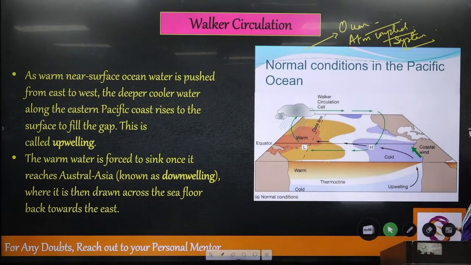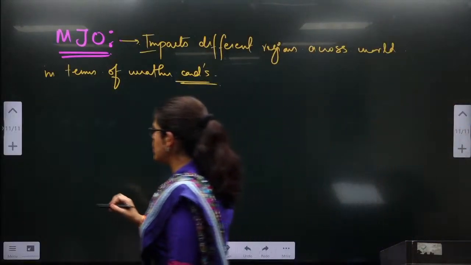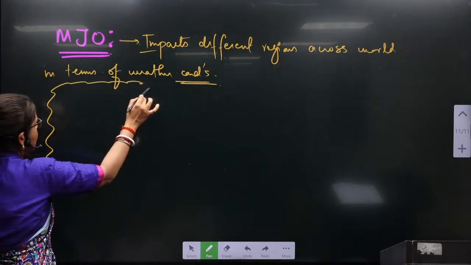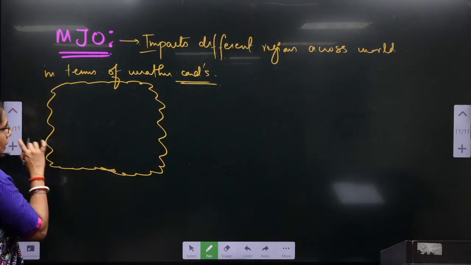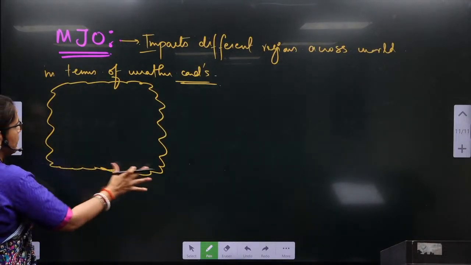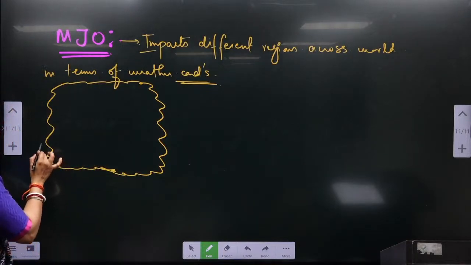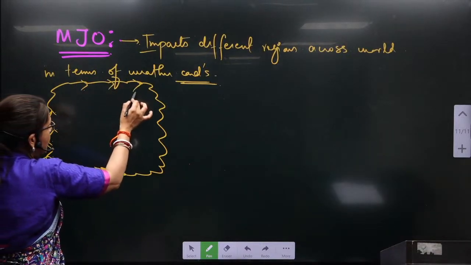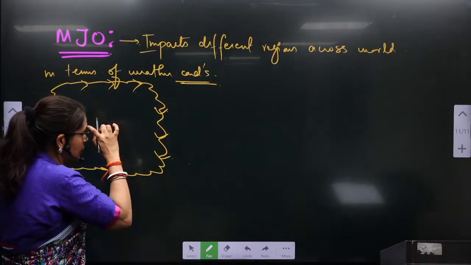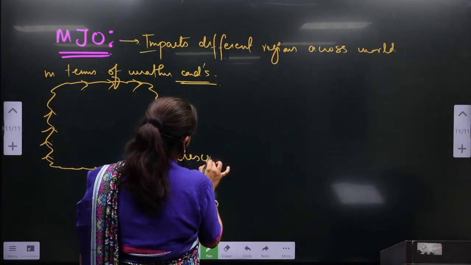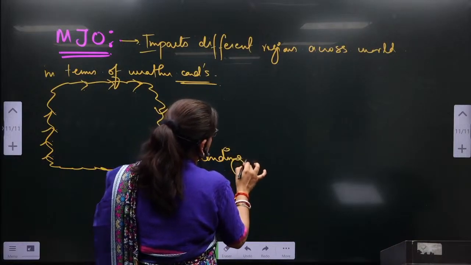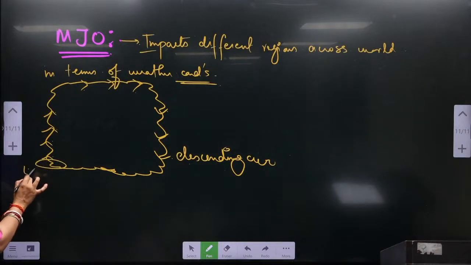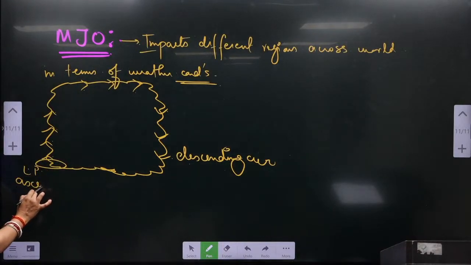Now there can be a third one, that is MJO. But now in this case, what can happen? So assume it to be a very large system in proportions of the height and in proportions of the area. Okay. So across one limb there can be ascending air, and across the other limb there can be descending air. This is the low pressure center, ascending air.